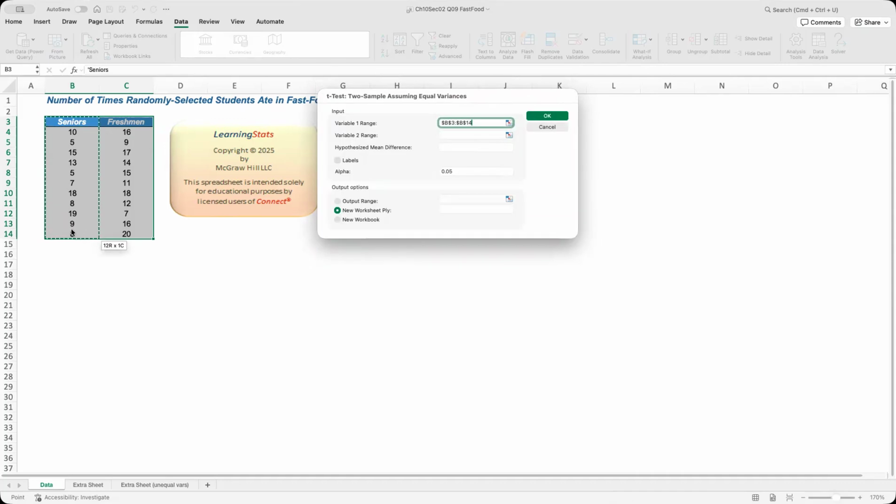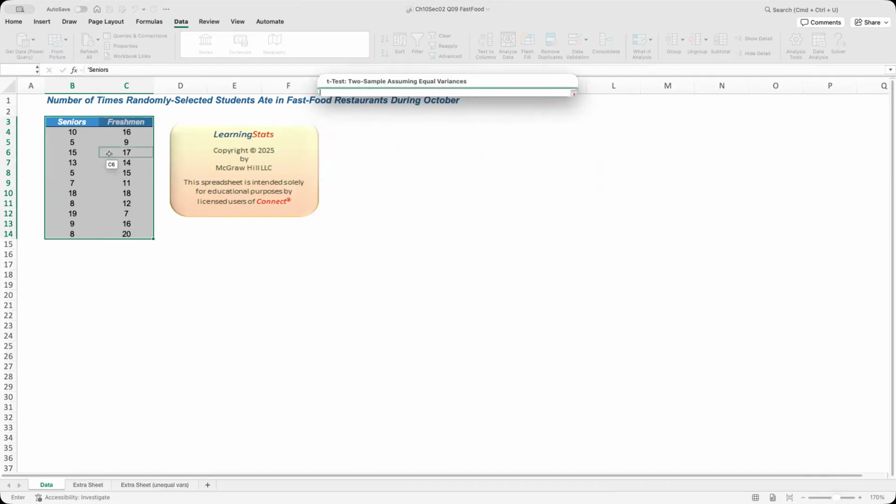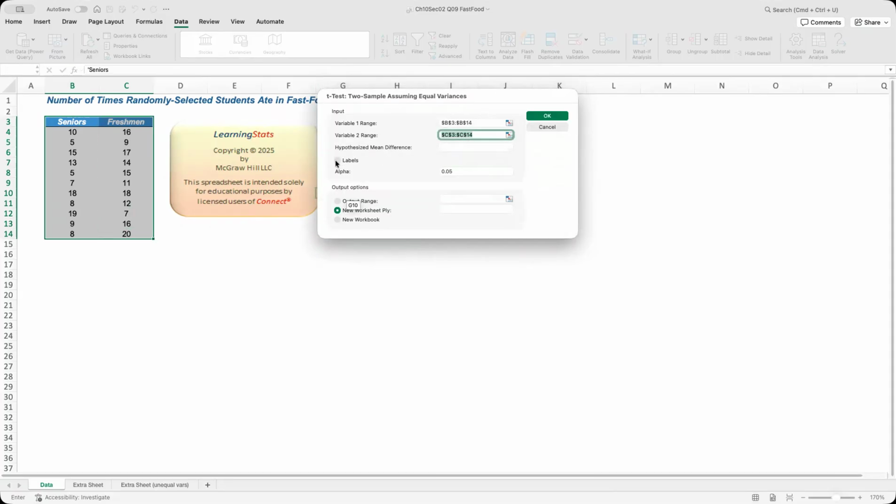It doesn't matter which one you call 1 and 2. Variable 2, make sure they're the same size in this case, because they are. Yes, I have labels. My hypothesized mean difference is 0. I don't know if they're different at all, but I want to know if the difference is anything.